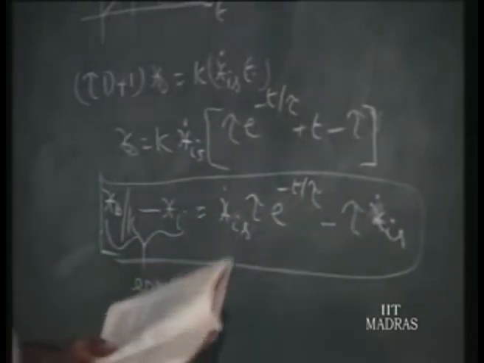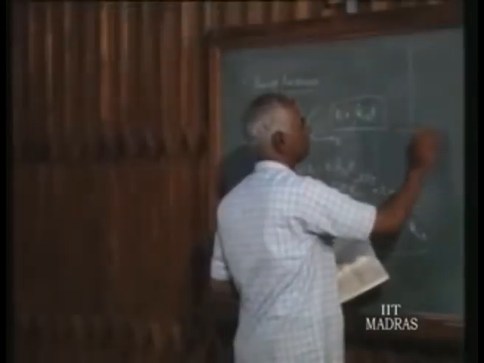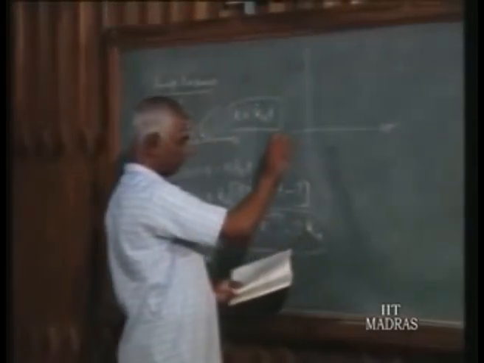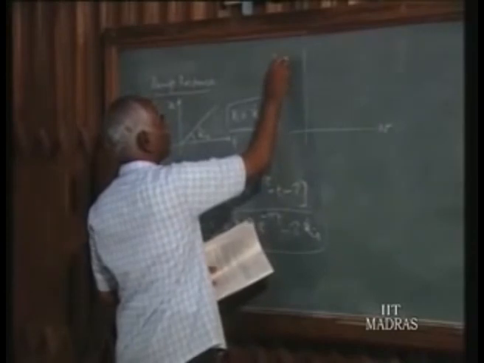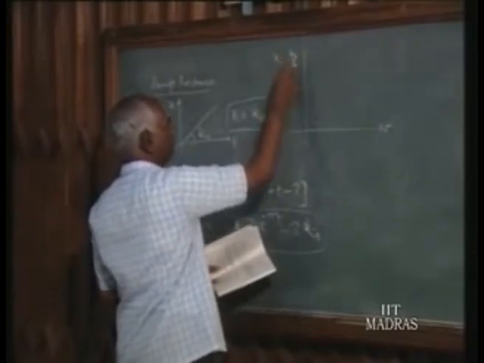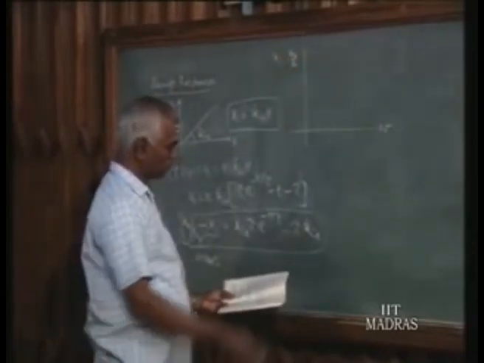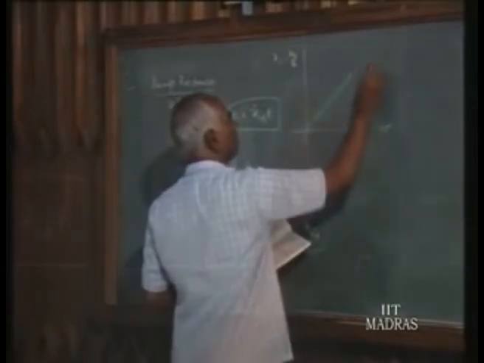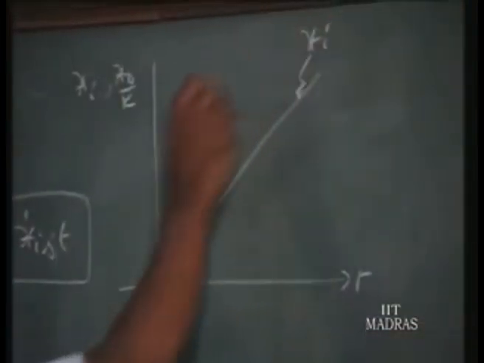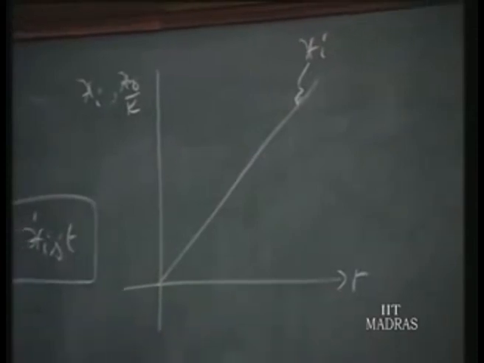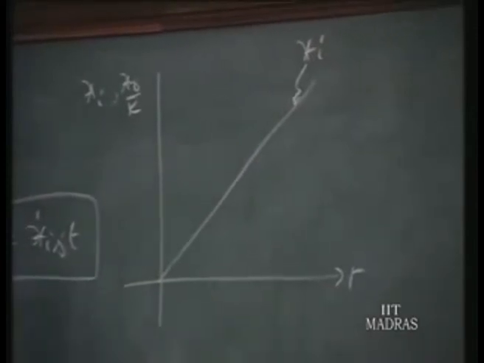So now if we plot, you will have this form with time. xi we plot, also xo by k we plot on the y axis. This is our xi, xi versus t, with slope being xis dot.